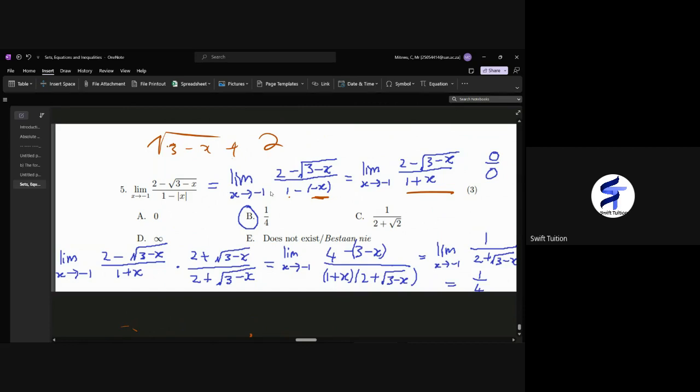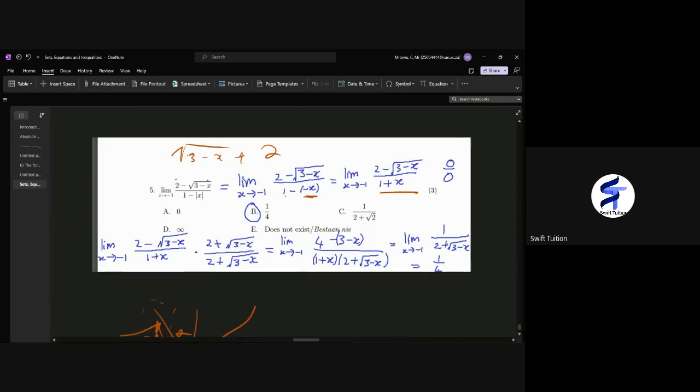What does that mean? A conjugate basically just means that when you have two expressions, you change the middle sign to the opposite sign. So in this case the middle sign is negative, so you're going to multiply by the opposite sign. But you're multiplying by 1, right? Because you can't change the original expression. So we're multiplying by 1, which is 2 plus root 3 over 2 plus root 3, and then you just multiply that out.